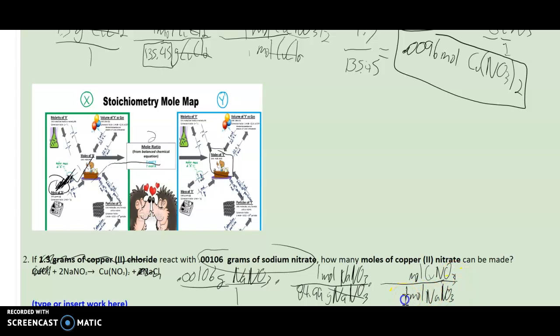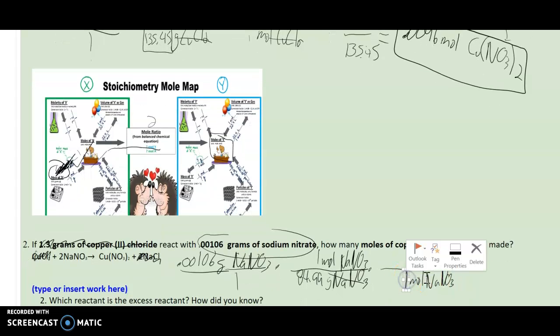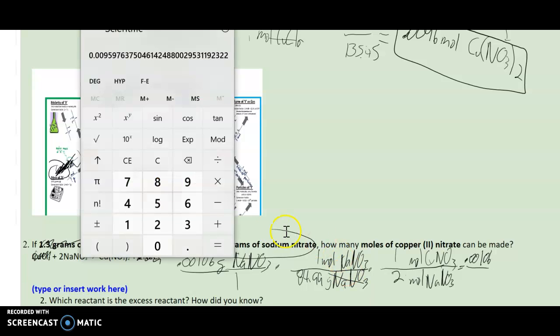Now I made a mistake right here. I can see it. It's not 1, it is 2. There's a 2 in front of it. And CuNO3 doesn't have anything in front of it, so I'm good to go. So now it's going to be this tiny little number times 1 times 1 over 84.99 times 2.